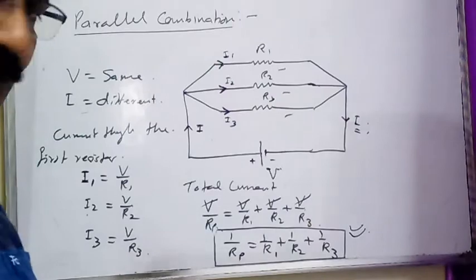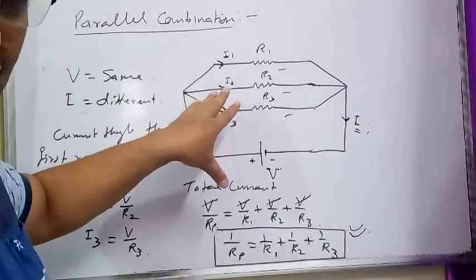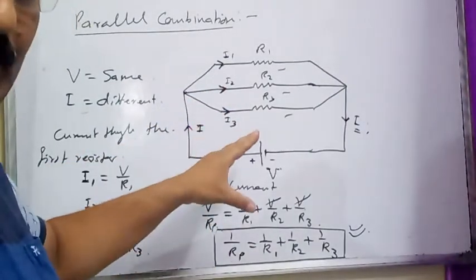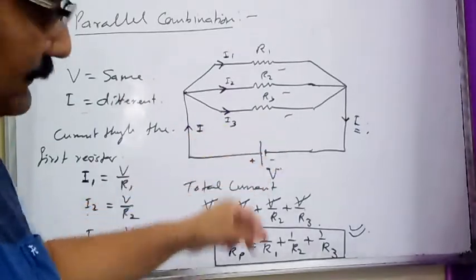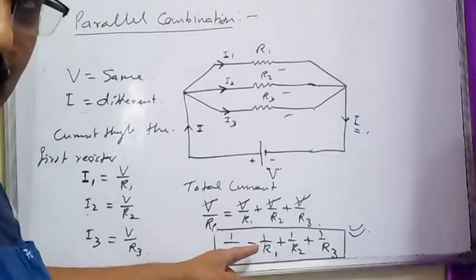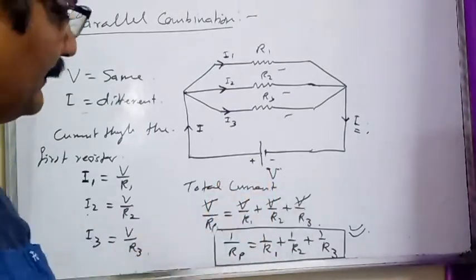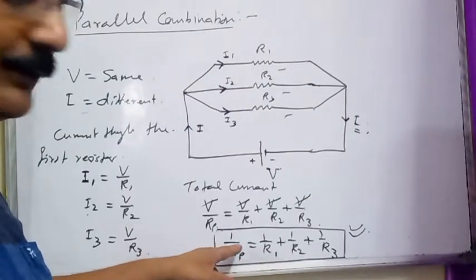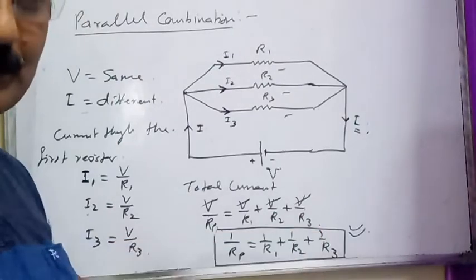In the previous chapter, electrostatics 2, I discussed the combination of capacitors. Students, you can see the formula for series and parallel combination of capacitors and series and parallel combination of resistors is different. In the case of capacitors, in parallel we get the formula Cp equals C1 plus C2 plus C3. But in the case of resistors, the formula for the parallel combination is 1 by Rp equals 1 by R1 plus 1 by R2 plus 1 by R3.